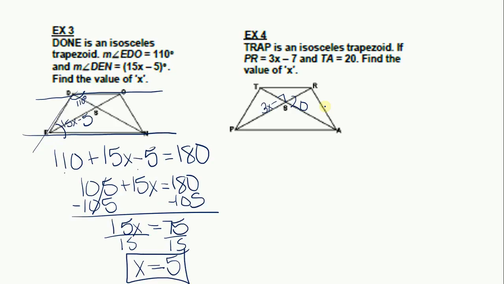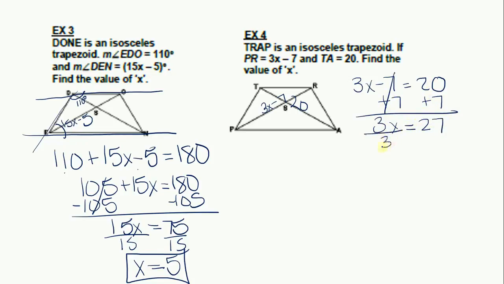Oh, diagonals are congruent. So that would tell me that 3x minus 7 equals 20. So let's go ahead and solve for x. Gotta add 7. 20 plus 7, that's 27. Divide by 3, so I get x equals 9, it looks like, for an answer.